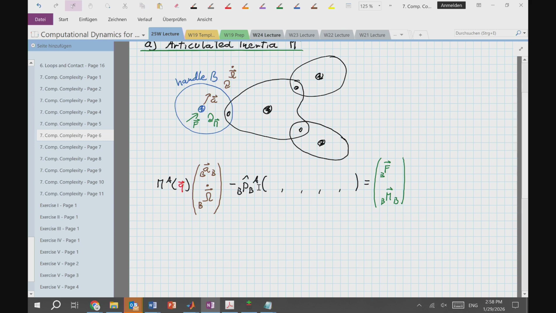What's that bias vector? Well, I think that's easy to figure out, because if I set the accelerations to 0, I would basically see that the forces that I have to apply are minus the bias forces, just to keep things stationary, right? And if I think of just grabbing the robot, if I set the force to 0, so I let it go, the acceleration is not going to be 0.